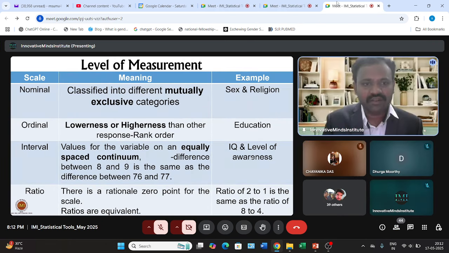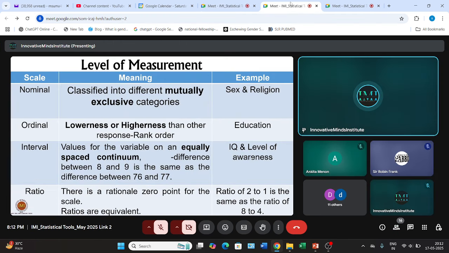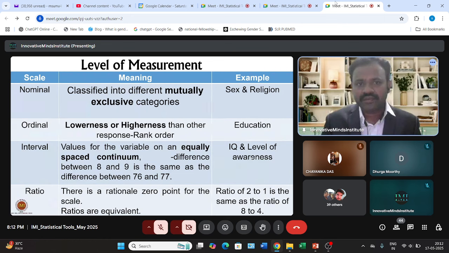Then it is the interval level of measurement. When measuring with a tape, there is no meaning for 0. At least some number will come. The height and weight of a human being cannot be 0, even for a newborn baby. So that's an interval.